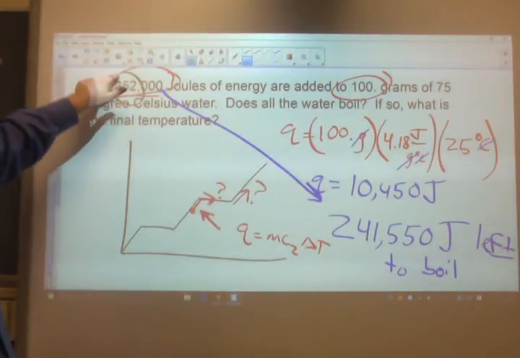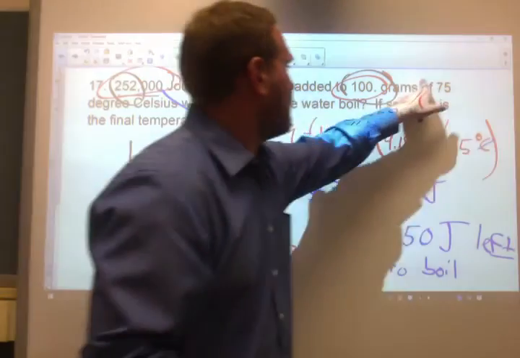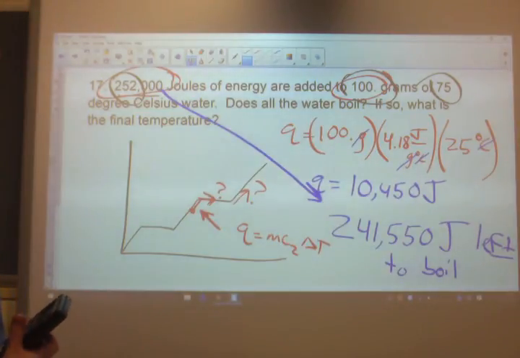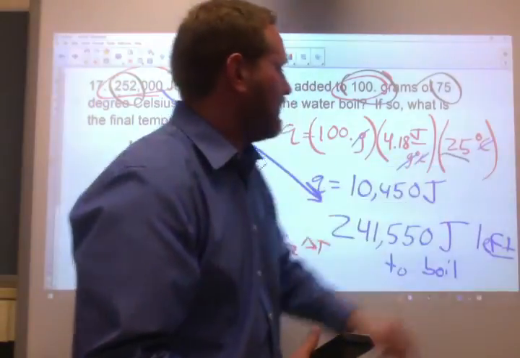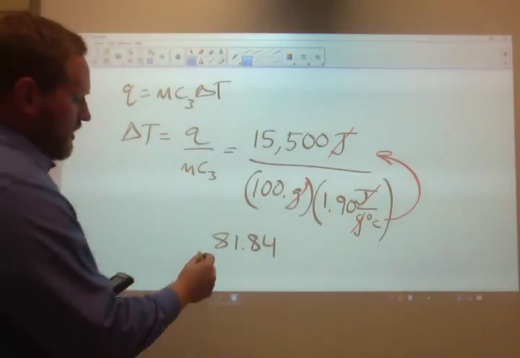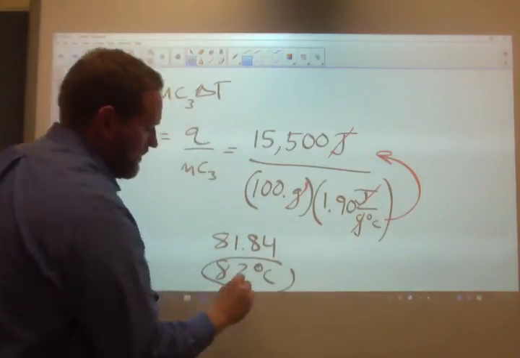I see 3 sig figs, I see 3 sig figs, I'm seeing 75 degrees Celsius water, but let me think, does that actually come into my calculation since I'm adding 25? Yeah, I'm going to incorporate that because I multiplied by the 25 here. So I'm going to limit myself to 2 sig figs in my final answer. I'm going to write 82 degrees Celsius.